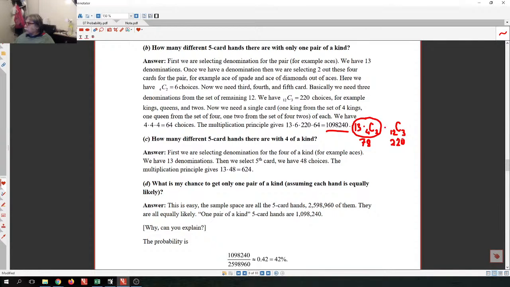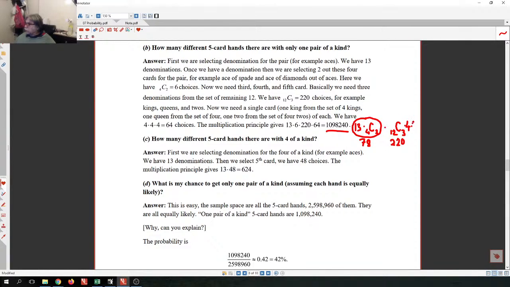Okay, you're not done yet. You still have to select, if you selected the third card to be, I don't know, kings, you still need to select one of them, not all 4, right? One of them. So you have to select which king. So you have 4. That's for the third card. For the fourth card, the same thing.